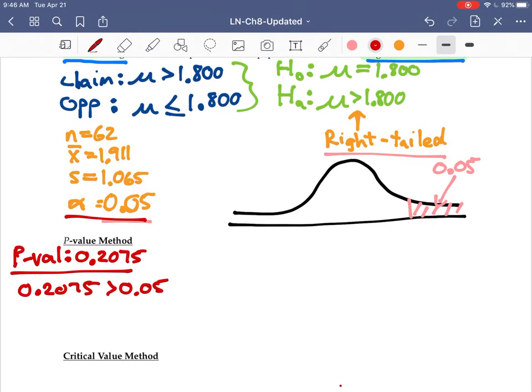So what does that mean? Our p-value is high. It's larger than our significance level. The p-value is high, so the null will fly. So we fail to reject the null.